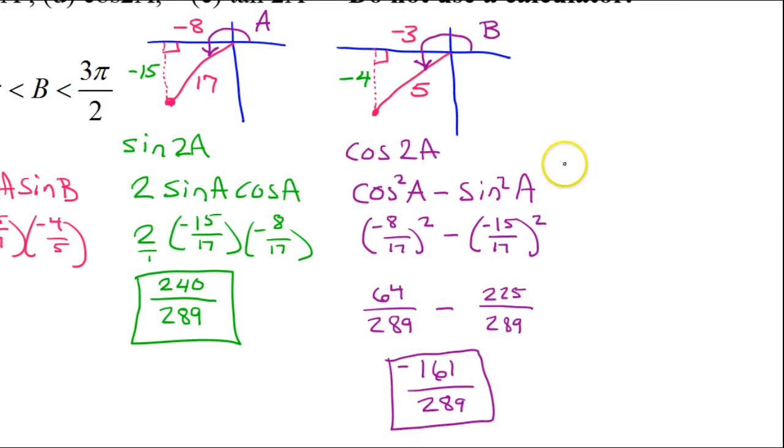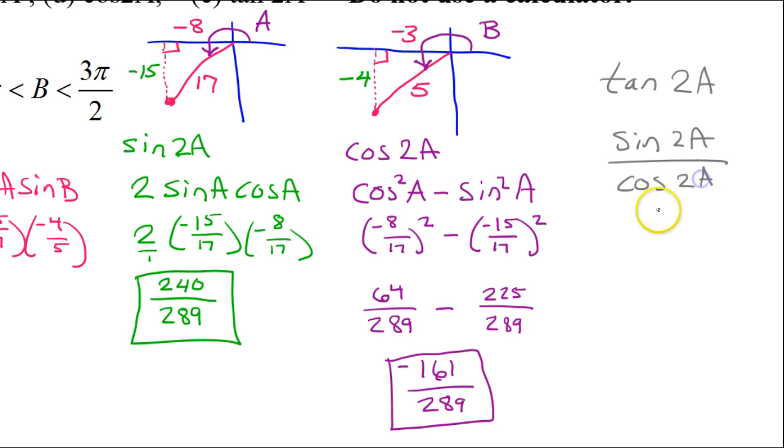Now, I could use another formula, but I'm going to cheat a little. I'm going to take a shortcut. Because tangent of 2A, shouldn't that be the same thing as sine 2A over cosine 2A? Alright, sine over cosine.